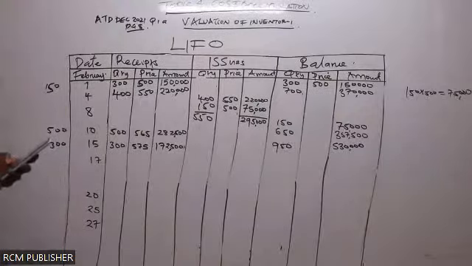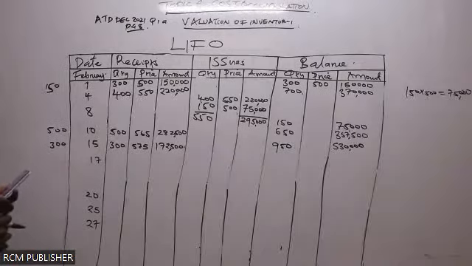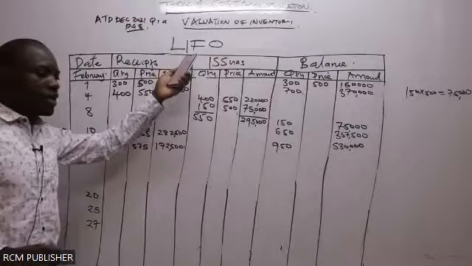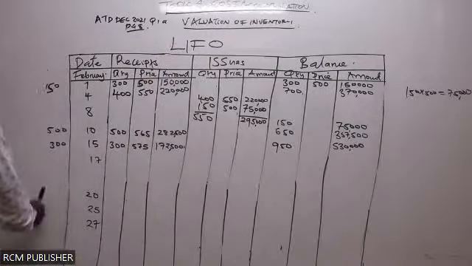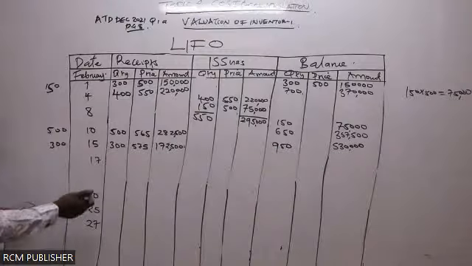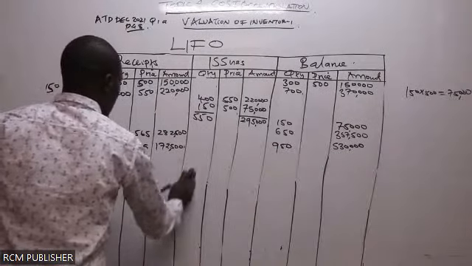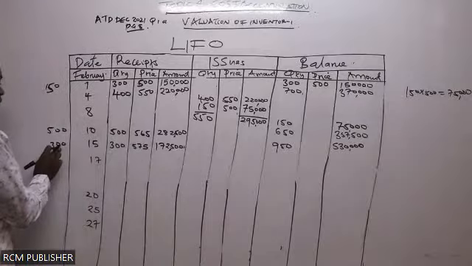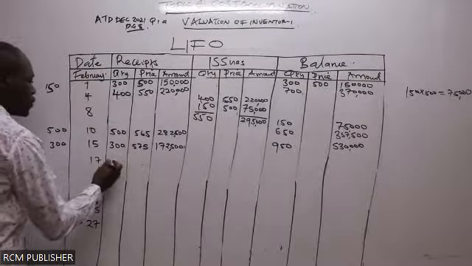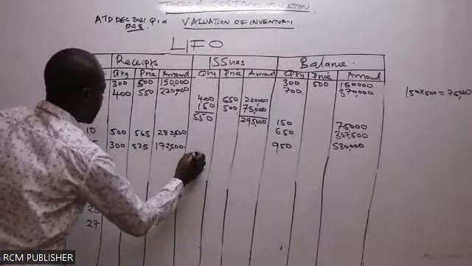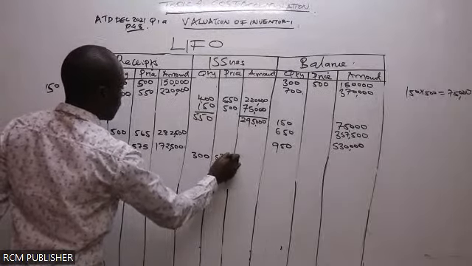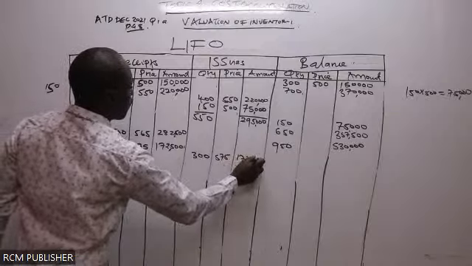What happened on the 17th? They are issuing goods. That's now the interesting part. They are issuing 850. Remember our method, LIFO, last in, first out. When you indicate these things in this column to the left side, it will be very easy for you to know what to do. If I want to take away 850 and my method is LIFO, I first eliminate the last stock, which is 300, brought in at 575, 172,500.